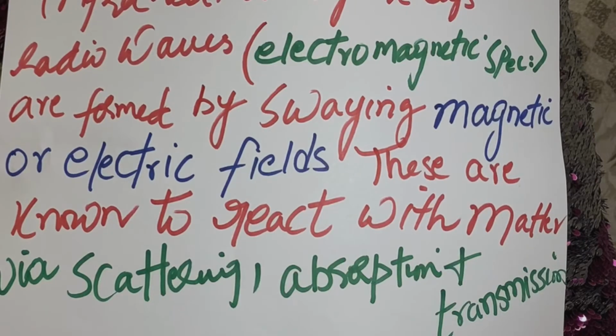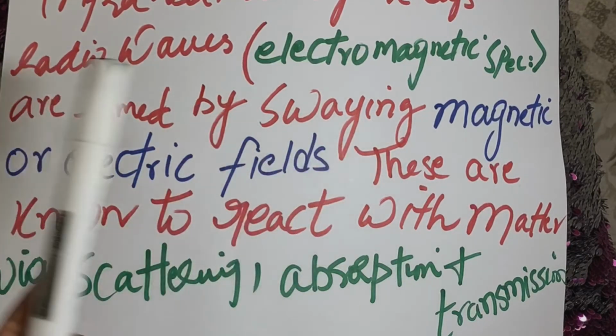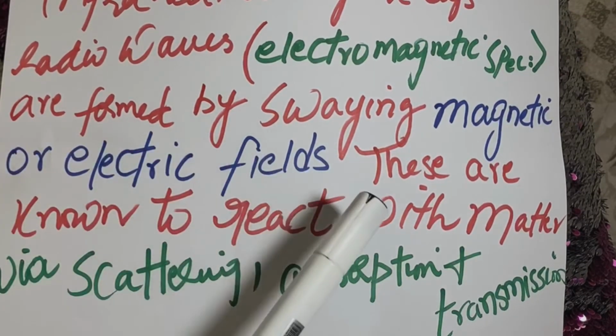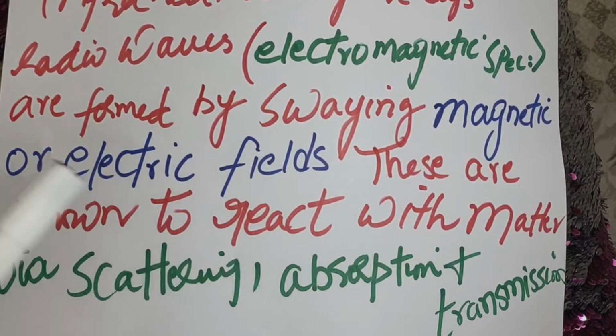Now I would like to let you know something about the electromagnetic spectrum. Infrared rays, X-rays, UV rays, radio waves, gamma rays: these are all parts of the electromagnetic spectrum. These are formed by oscillating between a magnetic and an electric field.